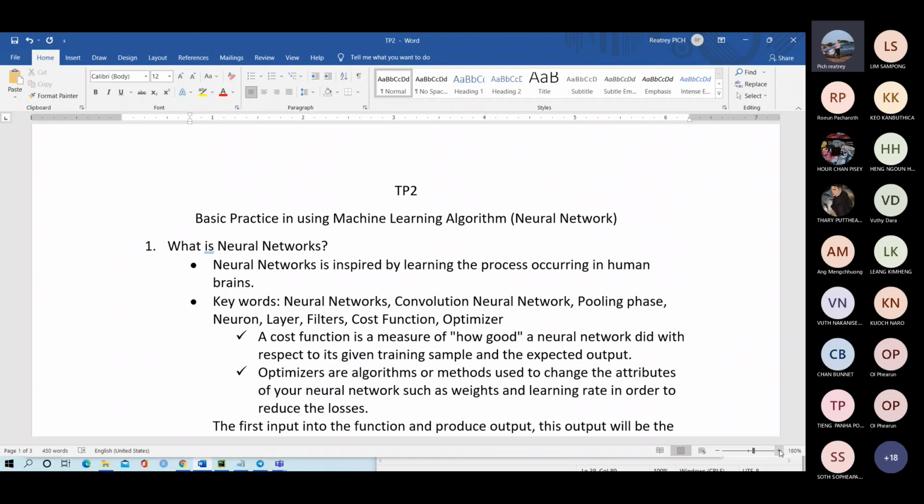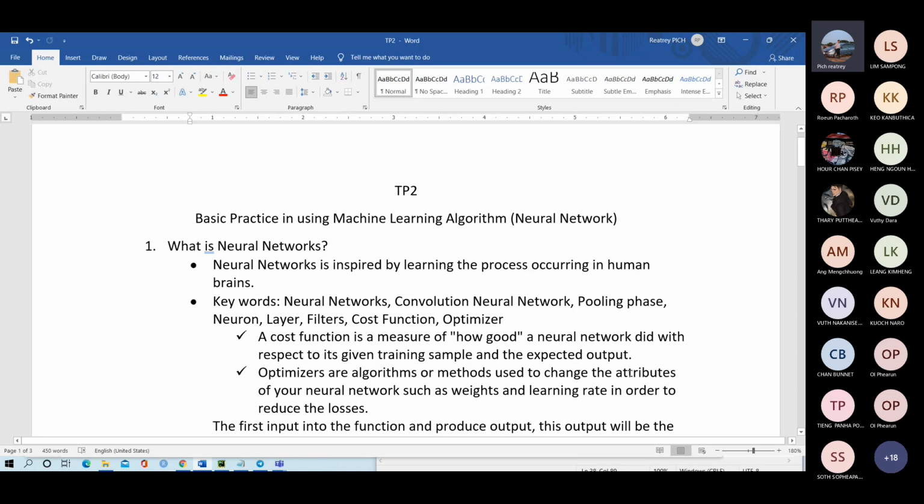We try to optimize our model before we input it into the real system. We have the cost function and optimizer. The definitions for pooling and neuron, you will see in the next upcoming session.